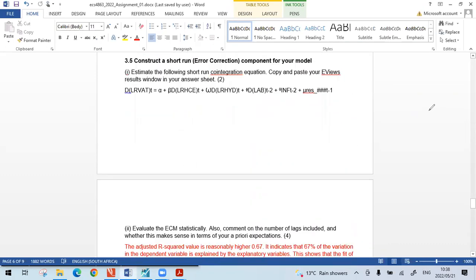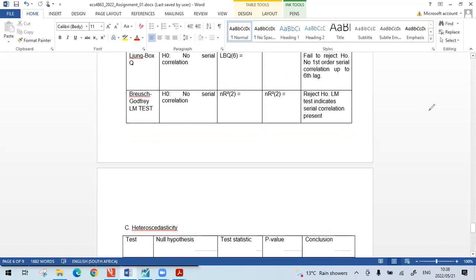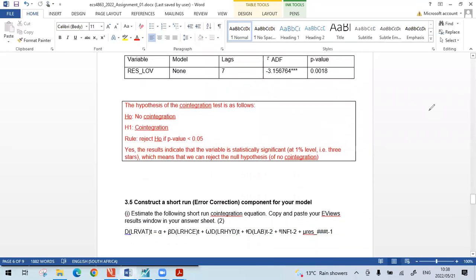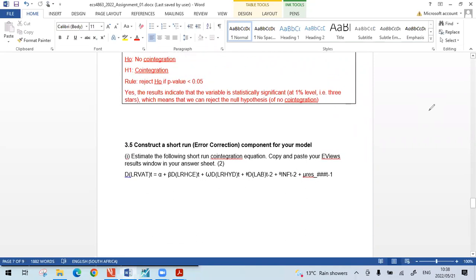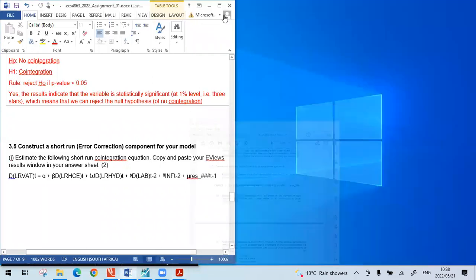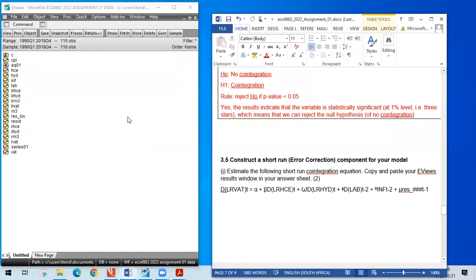So what are we trying to do now? We want to run an ECM. We are given the variables. So maybe let's do this. We move this one here. So what is it that we are given there?